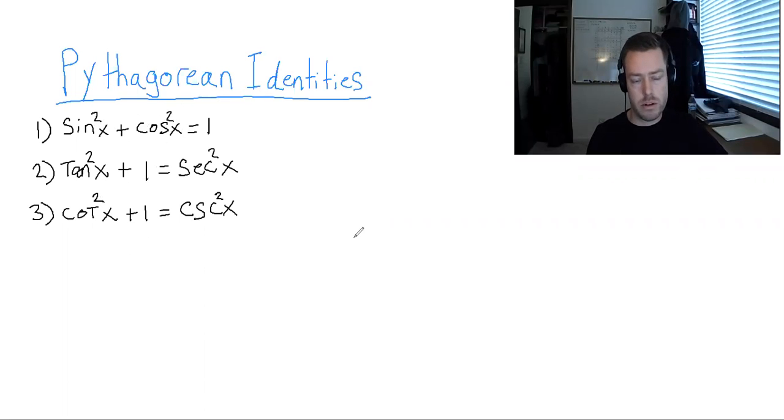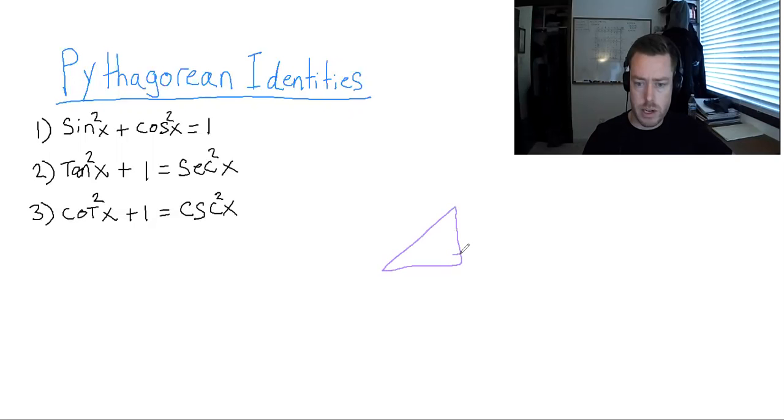However, in order to derive these, you really just need to derive one, then you can get the rest from it. So if you don't really remember your history, the Pythagorean theorem deals with triangles, and it comes from this guy named Pythagoras. He discovered a special relationship between the sides of any right triangle. Let's say you have a right triangle here.